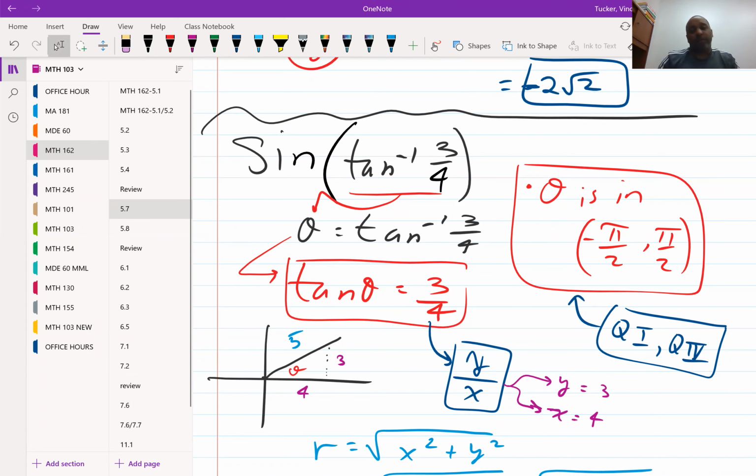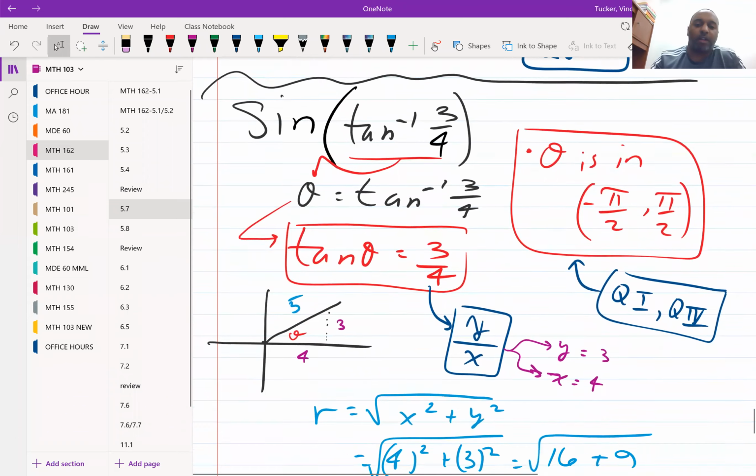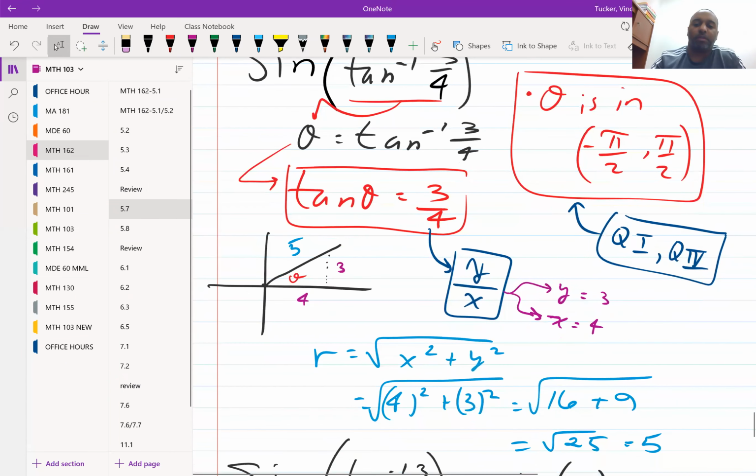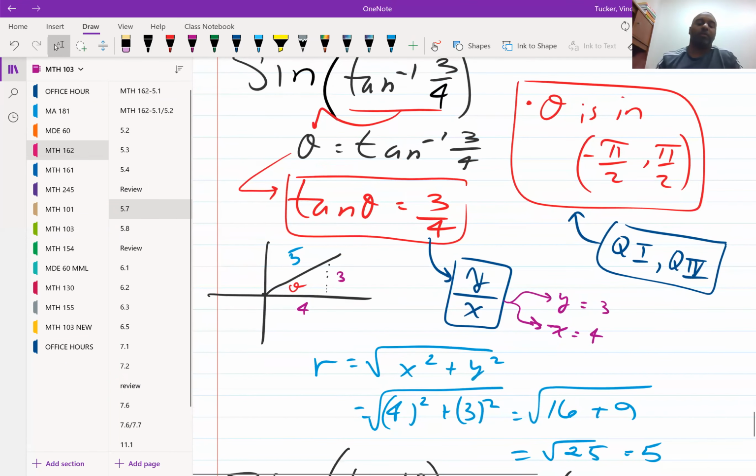Tangent is y over x. So that means y is 3, x is 4. And we have to find r. That ends up being 5 for us.